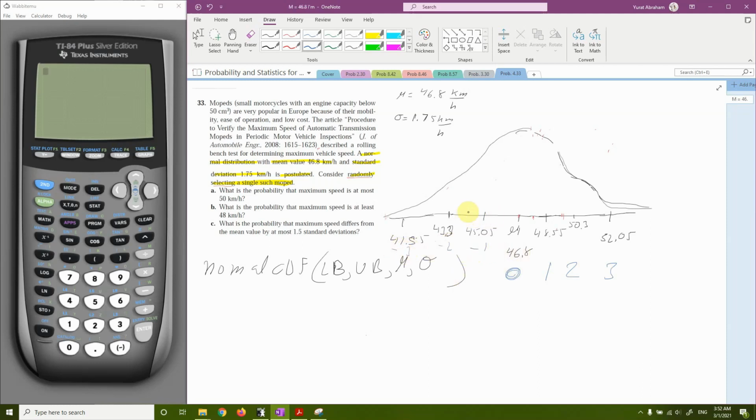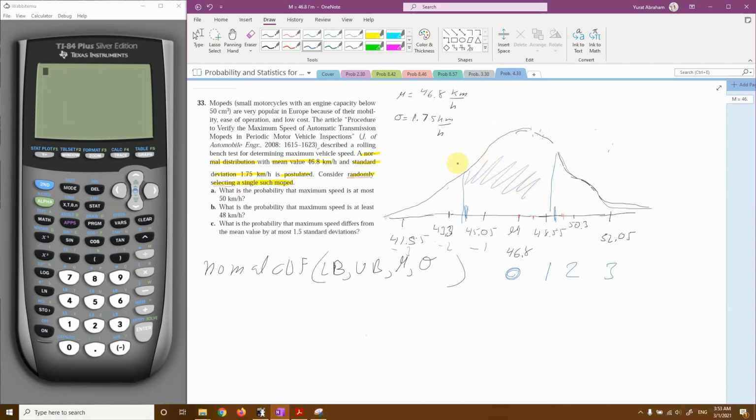So 1.5 is somewhere over here and over here. They're asking for the probability between these 2 points. This is a good example of finding the probability between 2 points. All right, so we're looking for something right here.